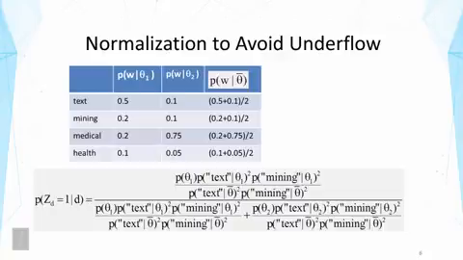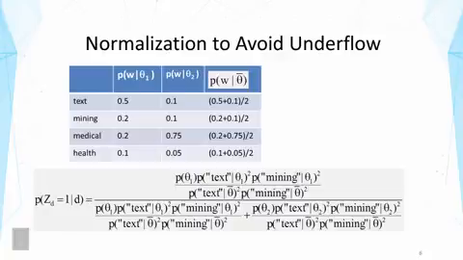So to solve the problem, we can use a normalizer. Here you see that we take an average of these 2 distributions to compute another average distribution called theta bar. And the average distribution will be comparable to each of these distributions in terms of the magnitude.